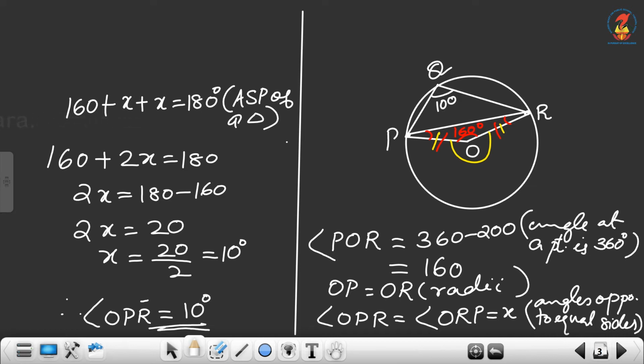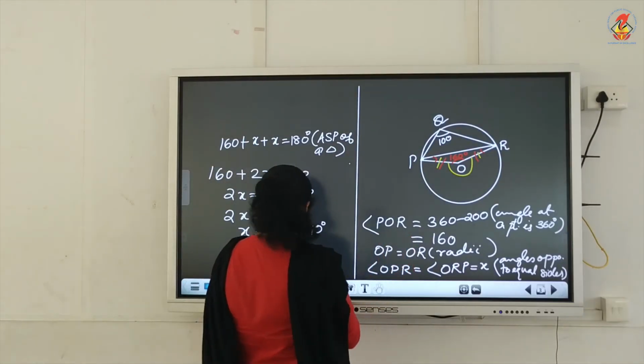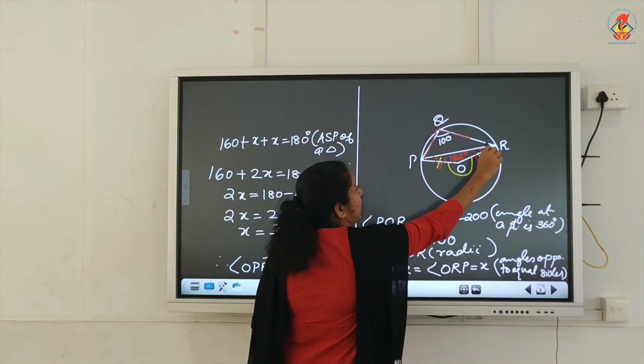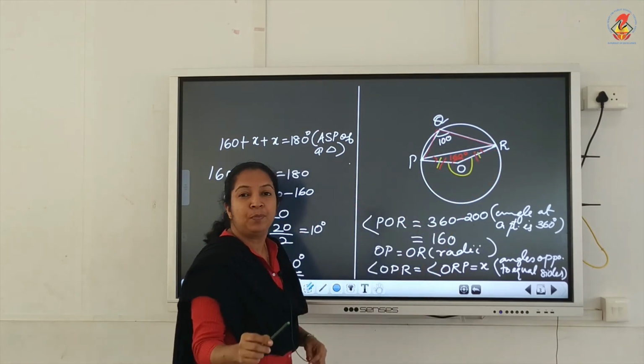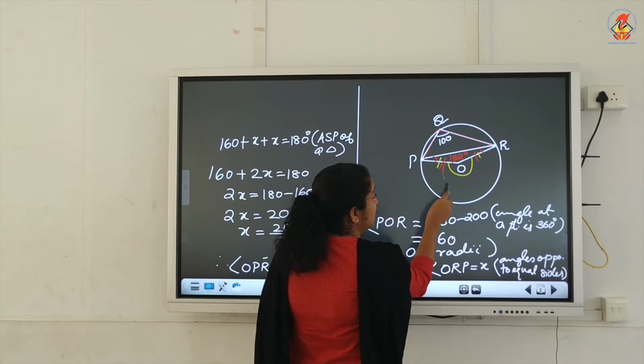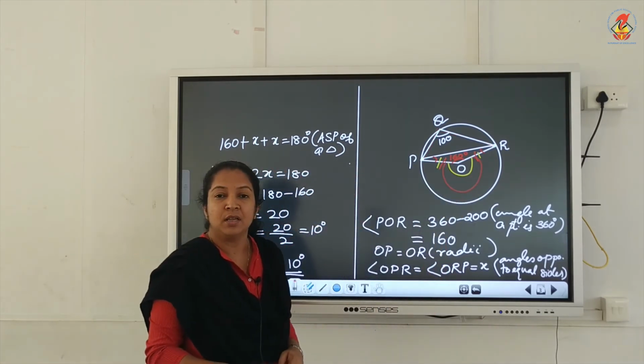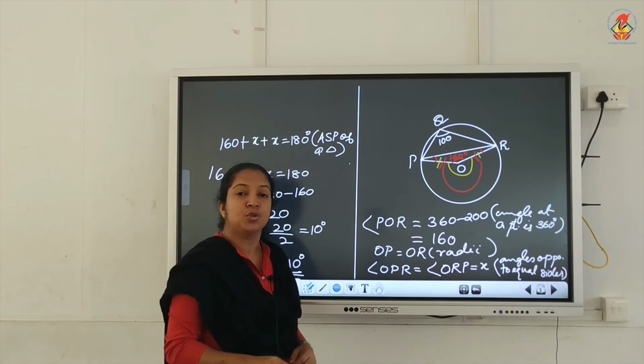This is the answer. So what we have done? Here what is given is angle POR is equal to 100. If angle POR is equal to 100, this angle is equal to 2 times 100. That means reflex of angle POR is equal to 200.